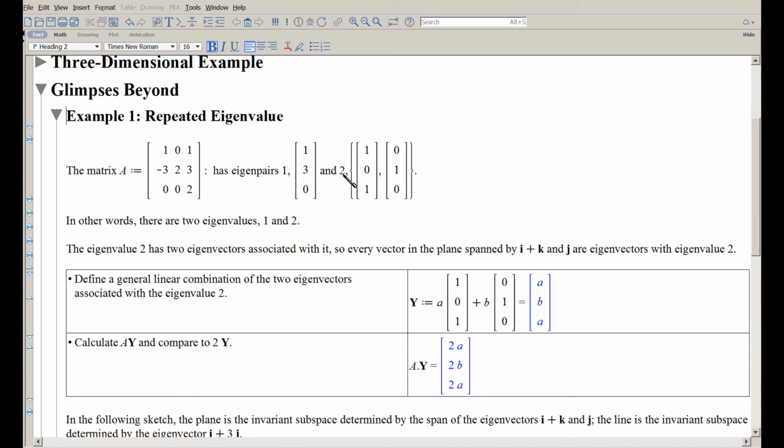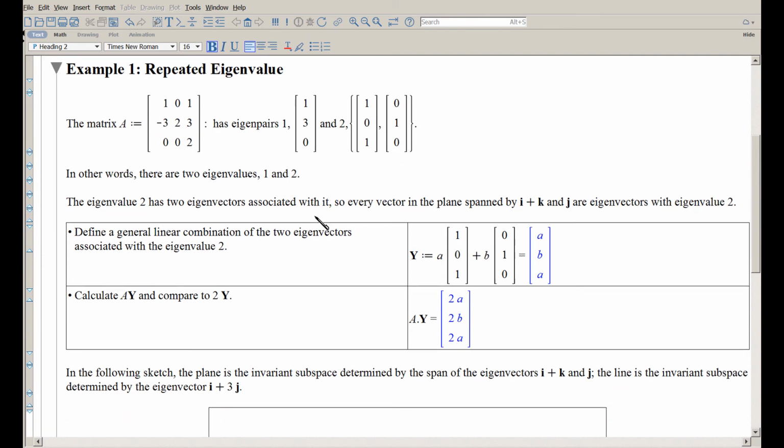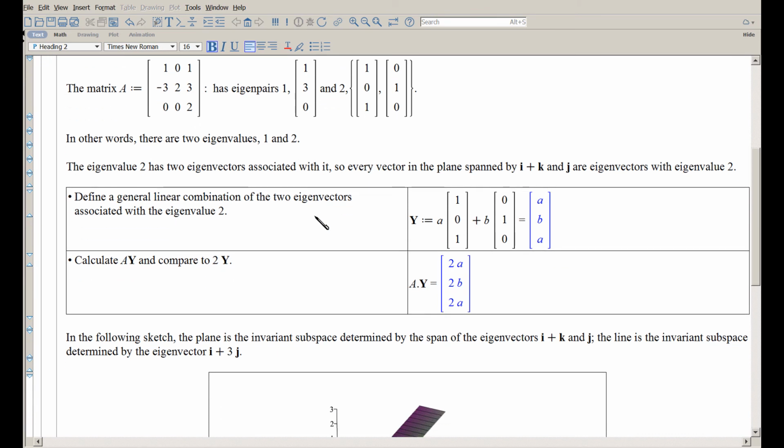There is an eigenvalue of 2 for which there are 2 eigenvectors. So now let's study this new situation here where one eigenvalue gives rise to 2 eigenvectors.